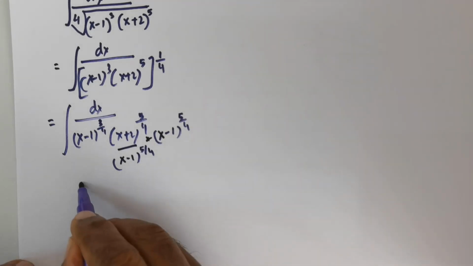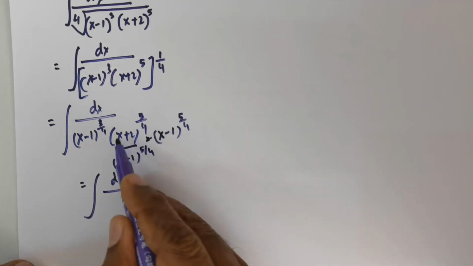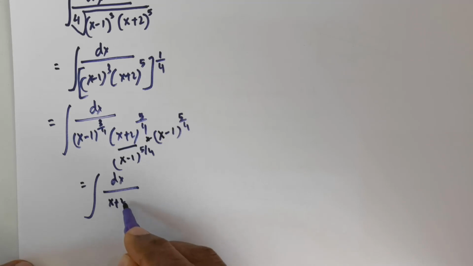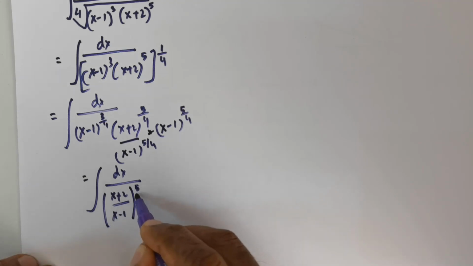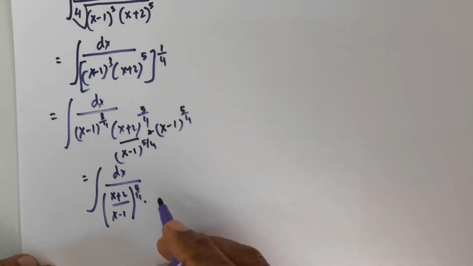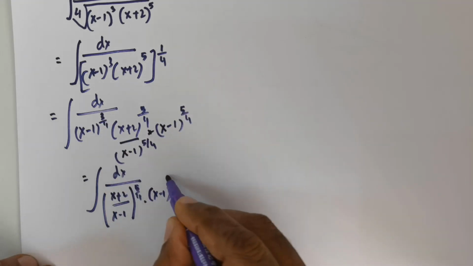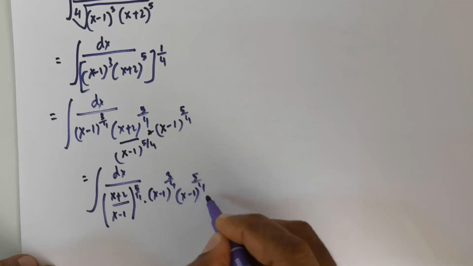So now this is rewritten as the integral dx divided by, starting with this term, (x + 2) divided by (x − 1), raised to the power of 5 over 4, times, clubbing these two together, (x − 1) raised to the power of 3 over 4 times (x − 1) raised to the power of 5 over 4.